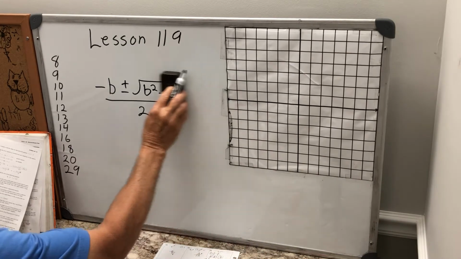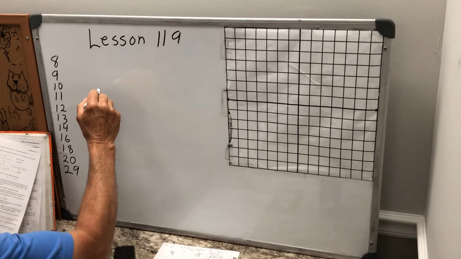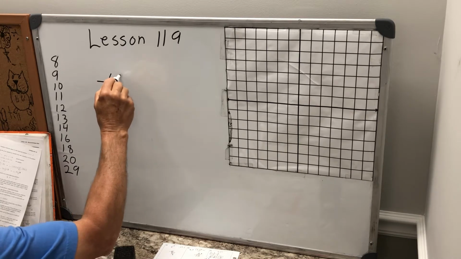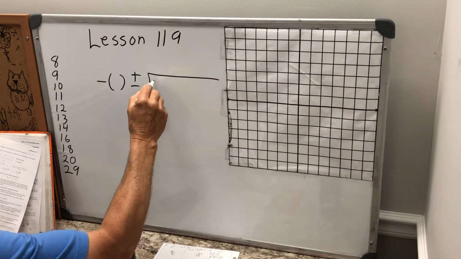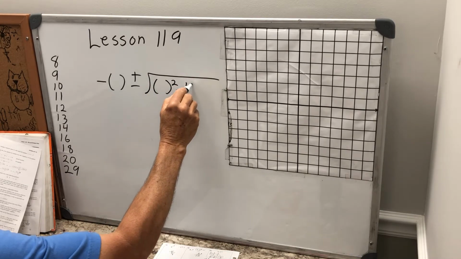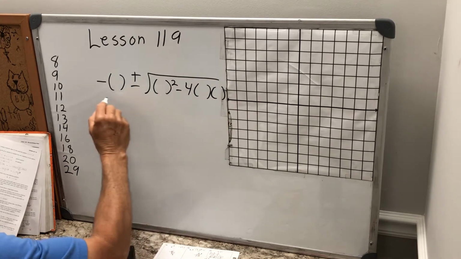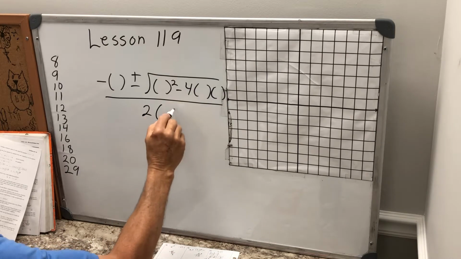Okay, and then I'm going to show you how to solve this. You should do something like this. This is where b is at. I'll put a plus and minus. Again, where b is at, we'll do this, and this is 4, and here's a, and here is c, over 2, and this is a.